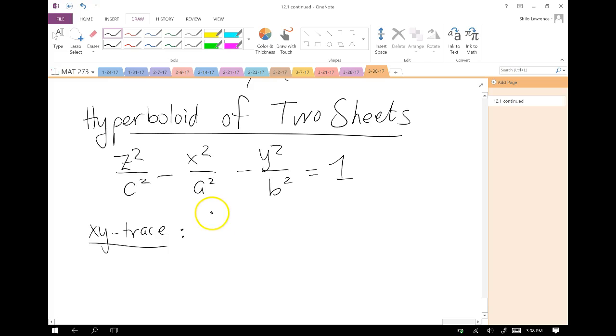So I would make Z squared over C squared equals 2. And then I would do some manipulating of this equation and have x squared over a squared plus y squared over b squared equals 1.